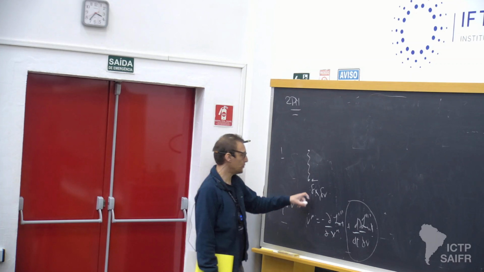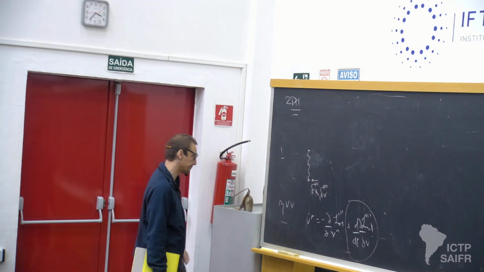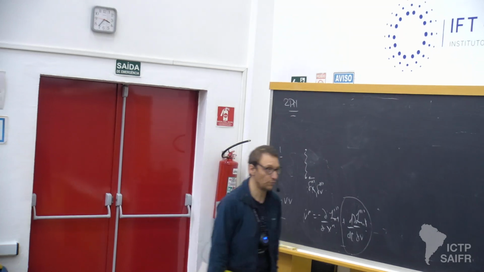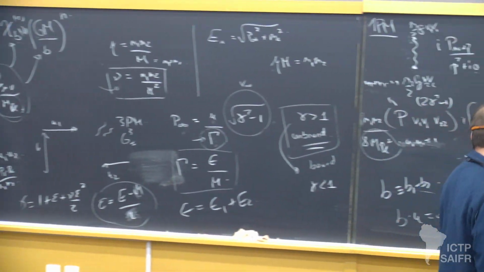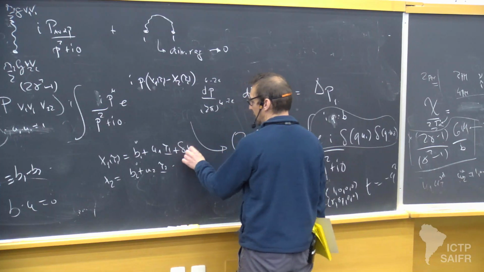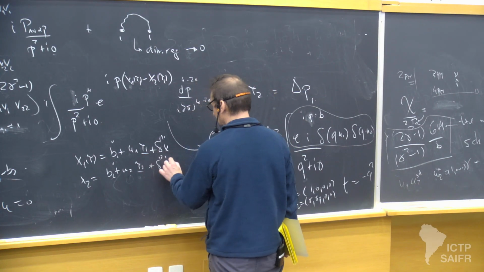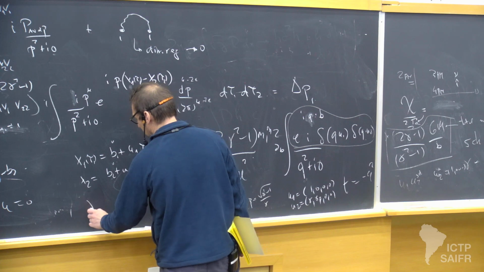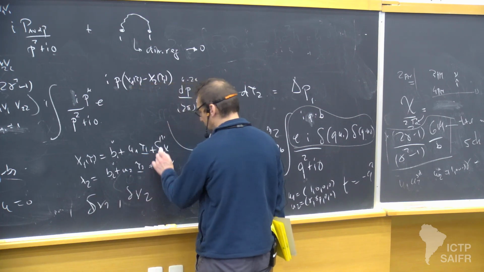That's the first thing I need to do. I need to input these guys in the exact same calculation I did here, right? This will be the QED part of the calculation. Now I need to do delta x1, delta x2, and the dot, which will give me the delta v1 and delta v2, which are the dots of this.